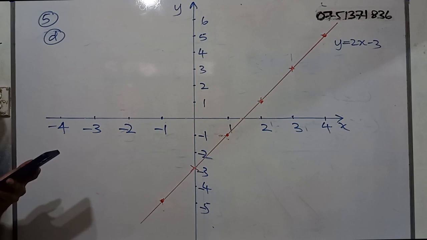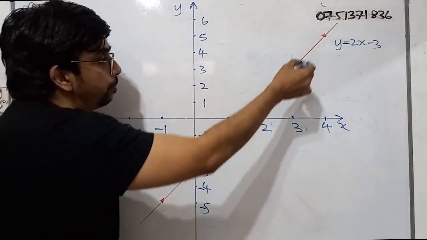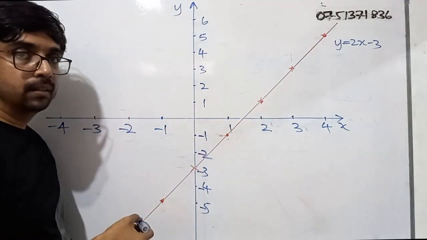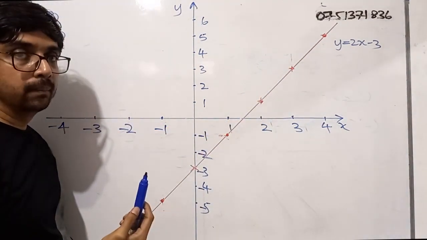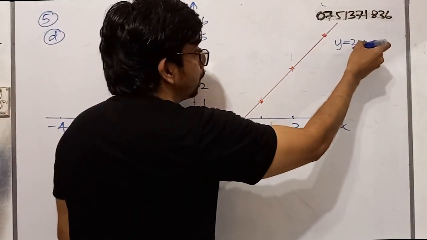Part D. Write the equation of the straight line which is parallel to the line y equals 2x minus 3 and which passes through the origin. So in order to come up with another line parallel to this line, what's the most important thing? The equation of the other line, the gradient must be what? 2x.